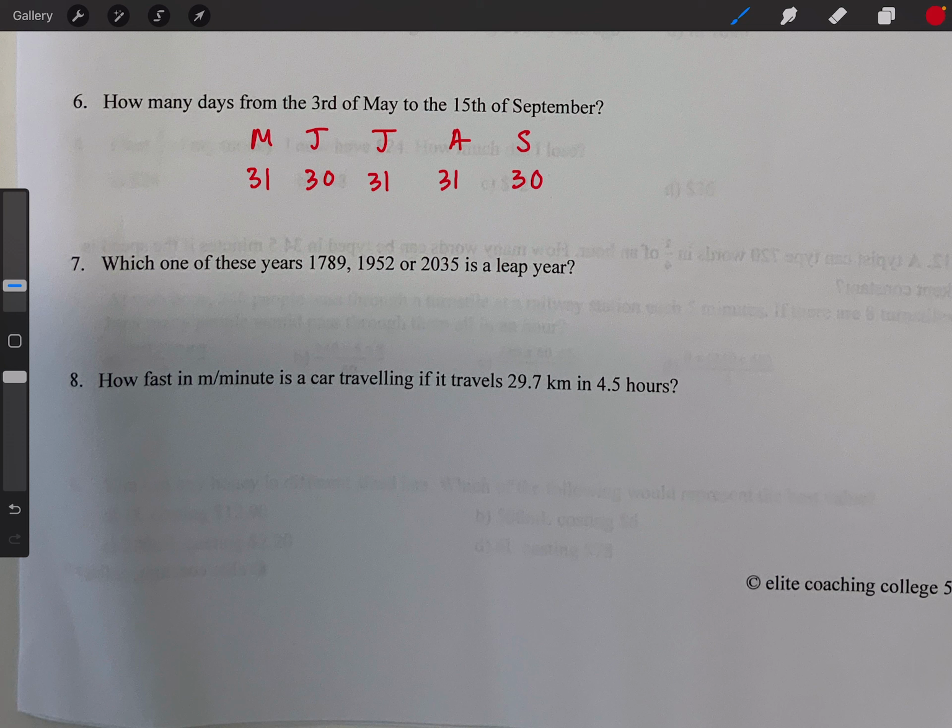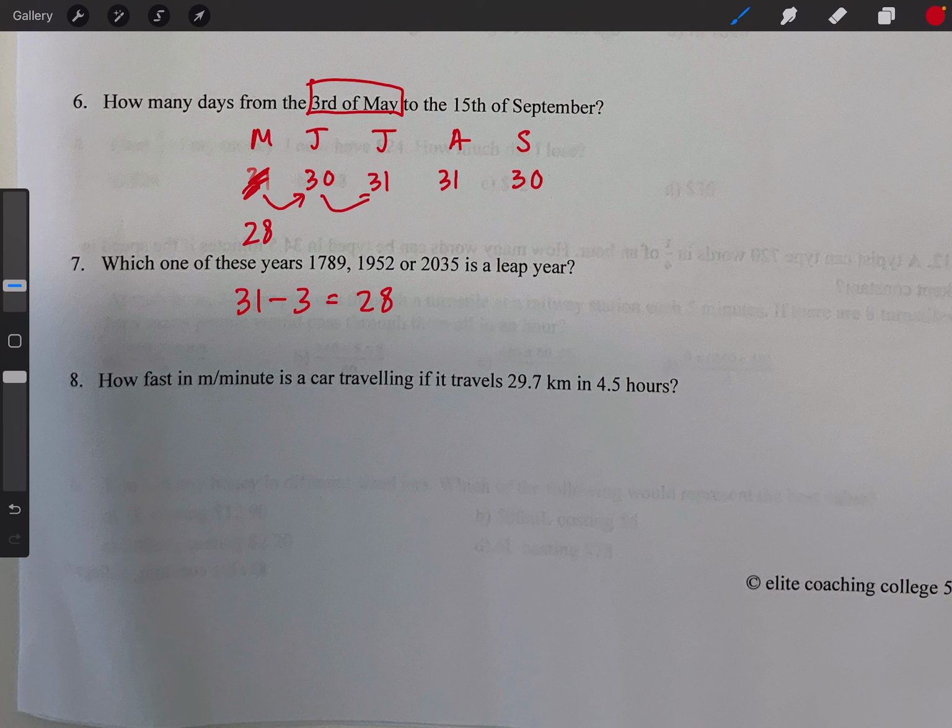So May has 31 days. Now you're starting from the 3rd of May, so you're not including the 1st and 2nd. So we're going to take 31, subtract 3, and you get 28. So from the 3rd of May to the end of May, you got 28 days, instead of 31.